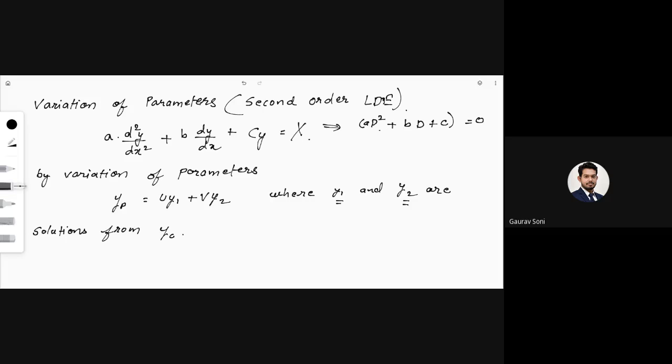This is degree 2. So the roots will be of the form both real and distinct, say m1, m2.